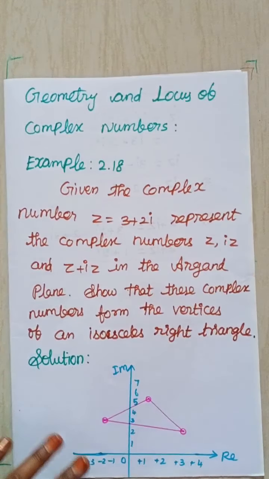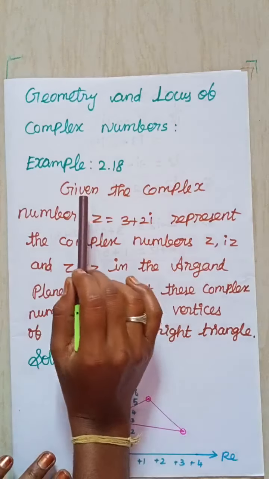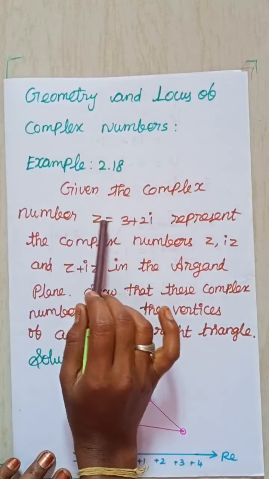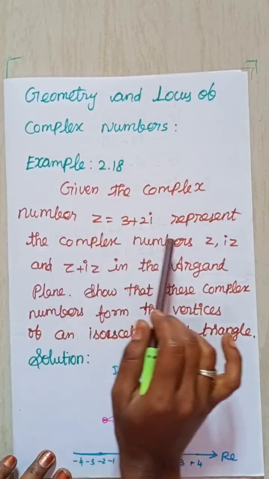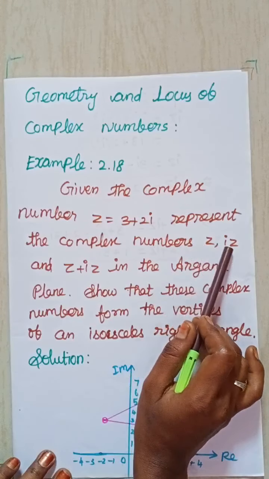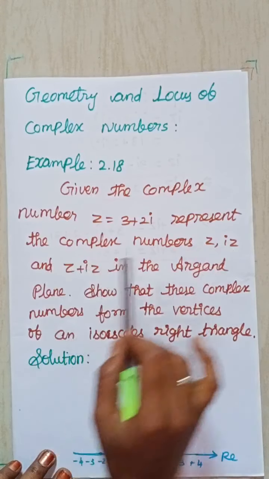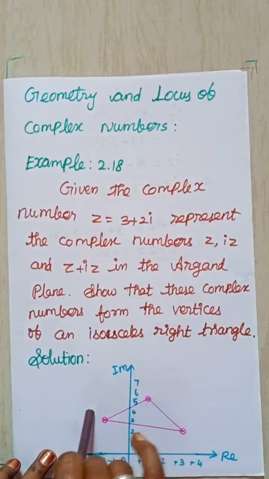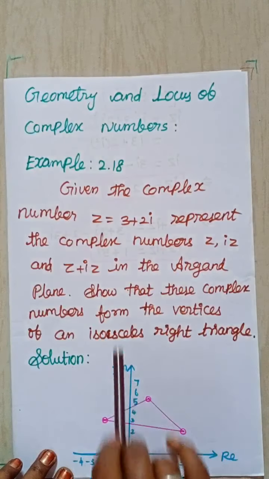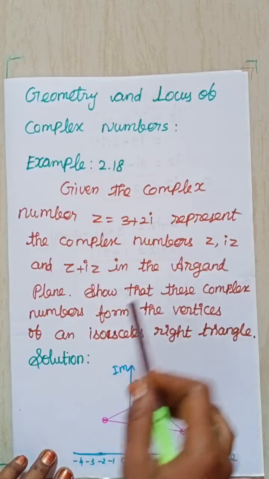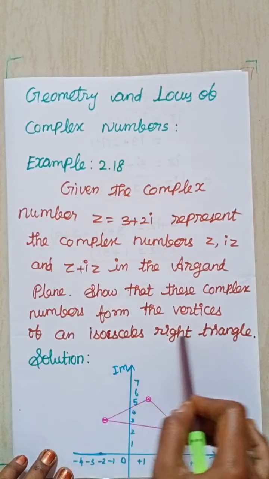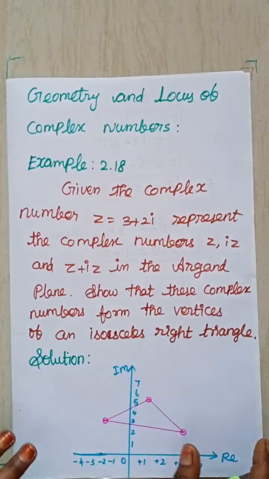Now, read the question again carefully. Given the complex number z equal to 3 plus 2i, represent the complex numbers z, iz and z plus iz in the Argand plane. Show that these complex numbers form the vertices of an isosceles triangle.